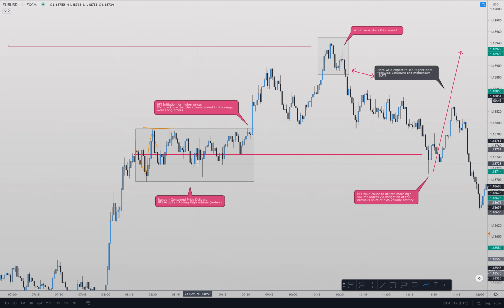Let's quickly talk about the ideas behind this move, what these BFIs, banks and financial institutions, are doing in these areas. I wanted to give a bit more of a story, or a logical process, that you can start to build for yourselves.